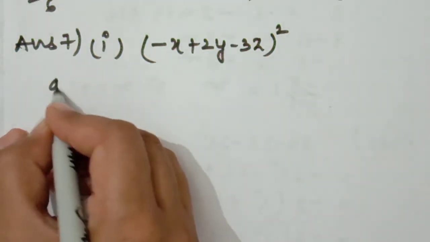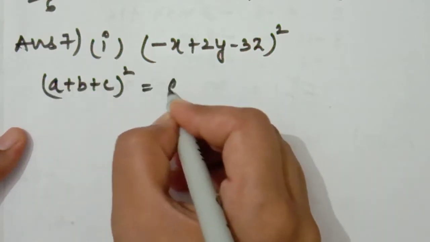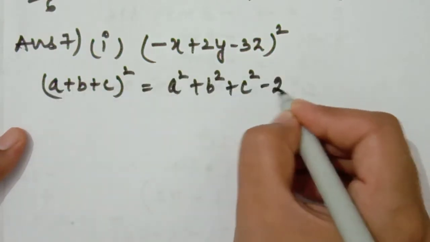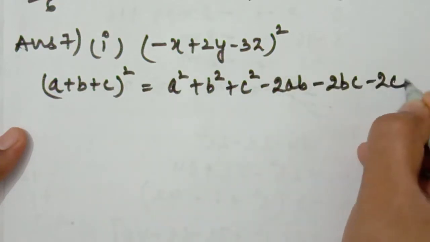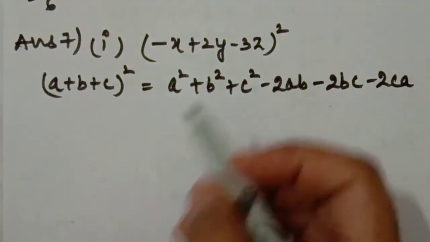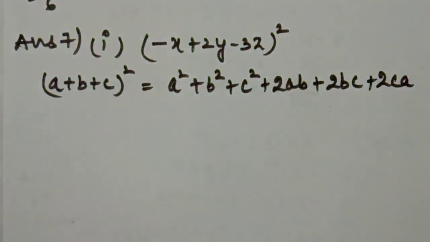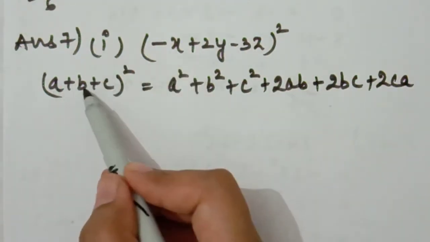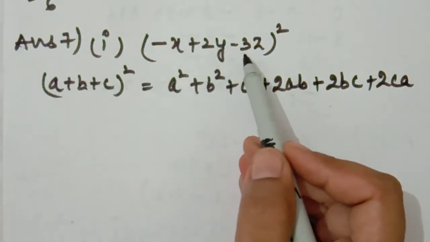So the identity is a plus b plus c whole square, which is a square plus b square plus c square minus 2ab minus 2bc minus 2ca. Sorry, it is plus 2ab plus 2bc plus 2ca. So now we will only replace the value of a with minus x, b with 2y, c with minus 3z.